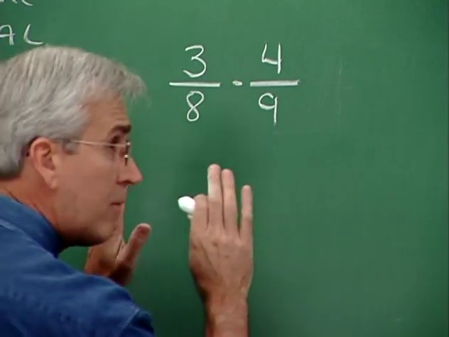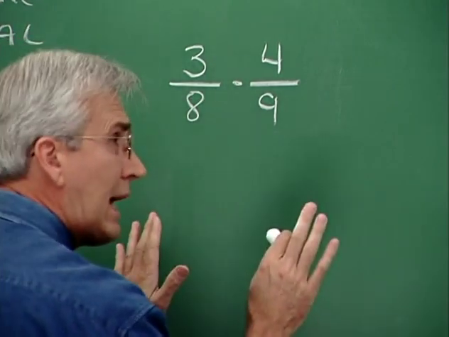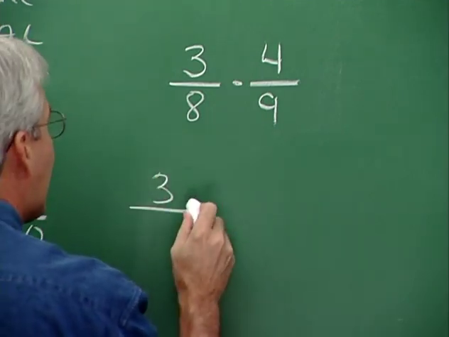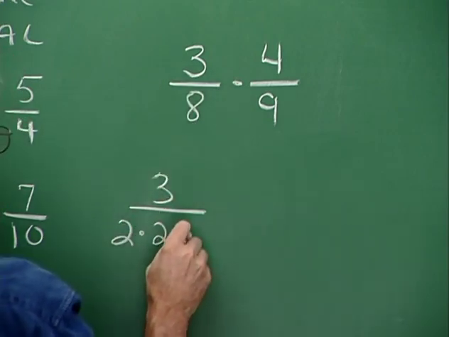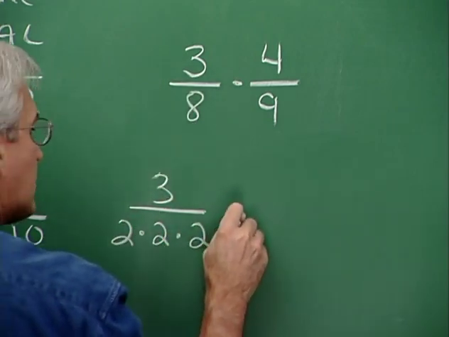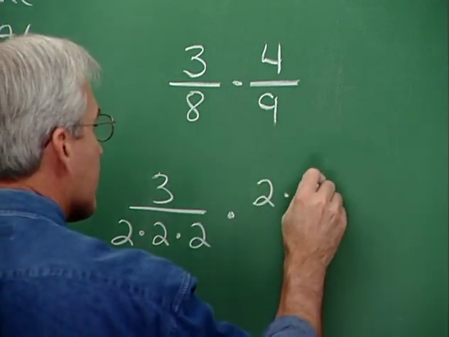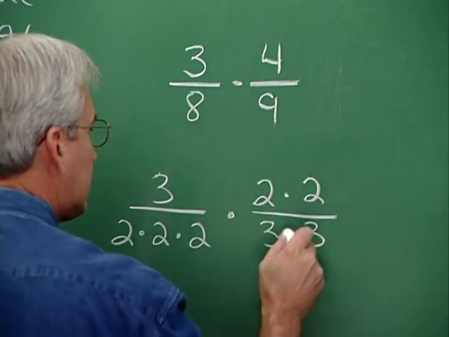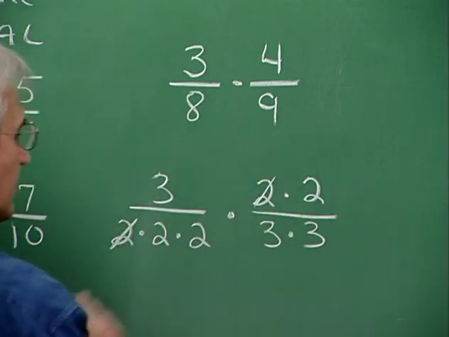And again, there are a couple of ways of doing this, but the most complete way to look at it is like this. In our fractions, this is 3 over, and I'll write 2 times 2 times 2. I'll use prime factorizations here just for emphasis for right now. 4 is 2 times 2. And 9 is 3 times 3. Now, this 2 will cancel with that 2.